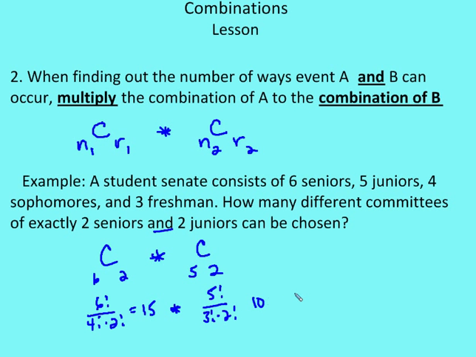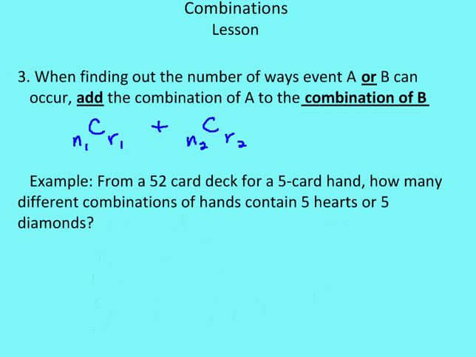So 15 times 10 gives me 150 different committees of 2 seniors and 2 juniors. So again, when I'm finding the number of ways event A and B can occur, I'm going to multiply the 2 combinations together. All right.